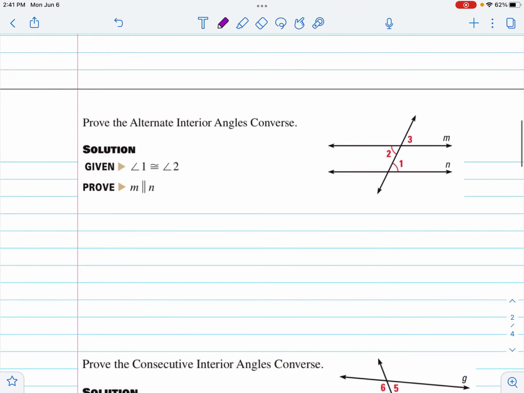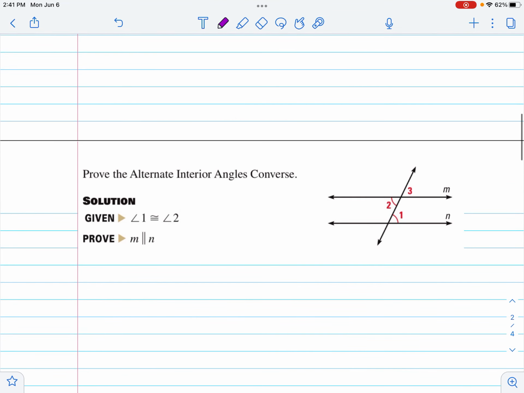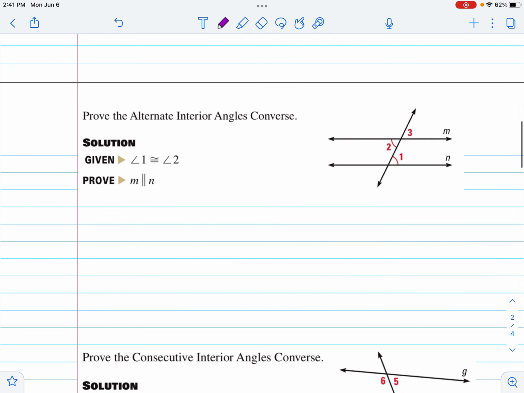We want to prove that the lines are parallel. Okay, so let's see here. We've got our statement, and we get our reason. Now first of all, we know that angle 1 is congruent to angle 2 because that's given.